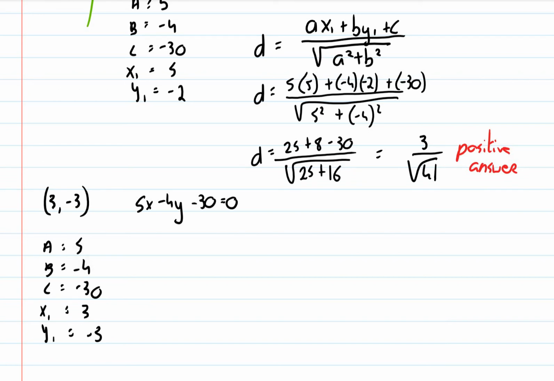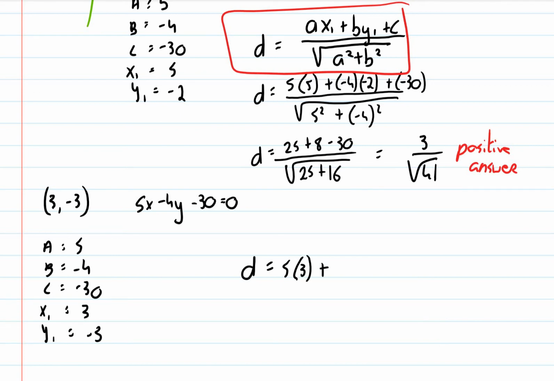Okay, our formula we have up here, so I'm not going to write it again. So we have d equals 5 multiplied by 3 plus -4 multiplied by -3 plus -30.